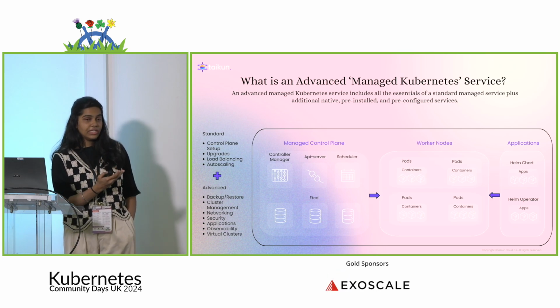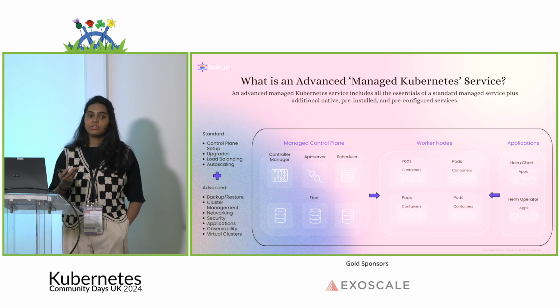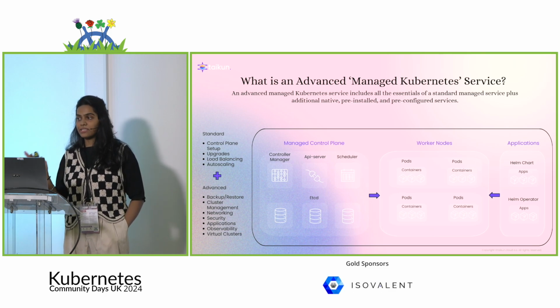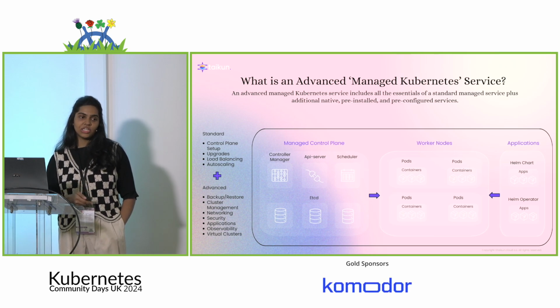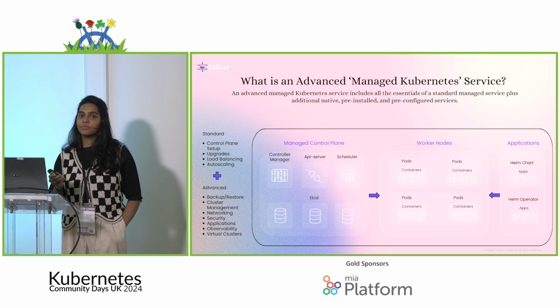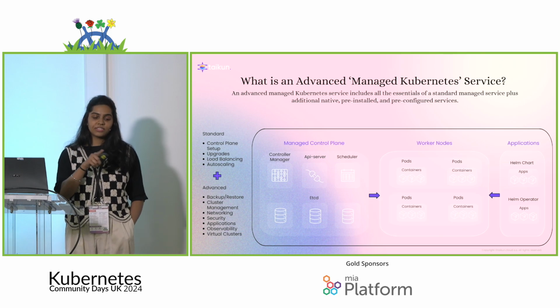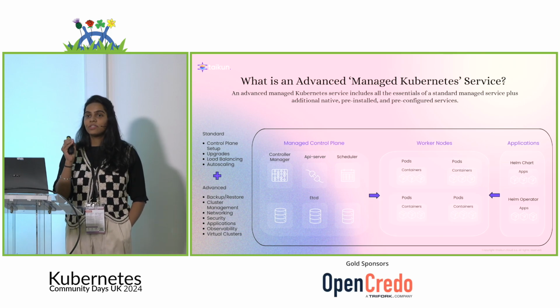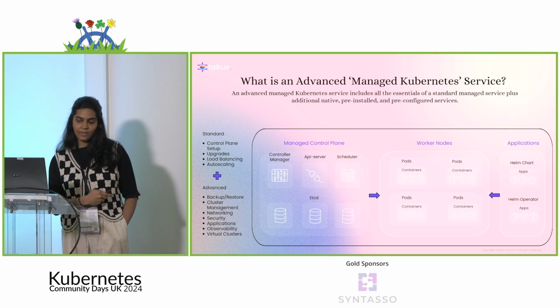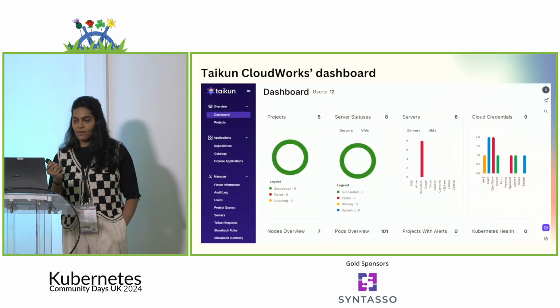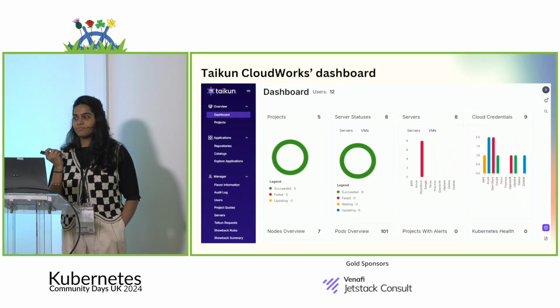We also have vCluster on our platform, so you can have multi-tenancy support in it. And it has a chargeback model, which allows you to be charged only for the amount that you use. And this is the dashboard. The dashboard allows you to have a complete view.